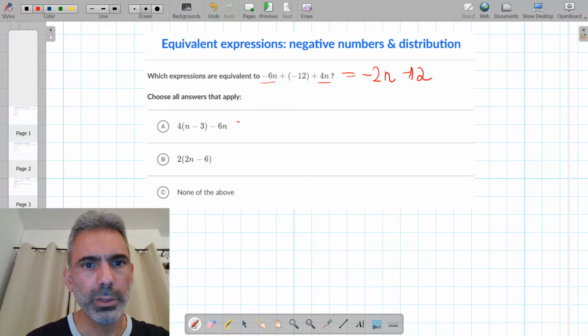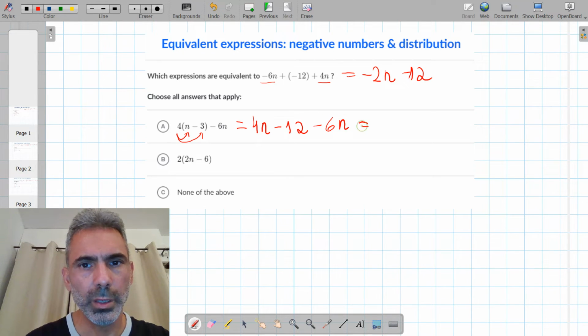Okay, so let's unpack this. 4 times n. Let's apply the distributive property to both the terms. So we get 4n minus 12 minus 6n. And when we combine these terms, 4n minus 6n is minus 2n minus 12.